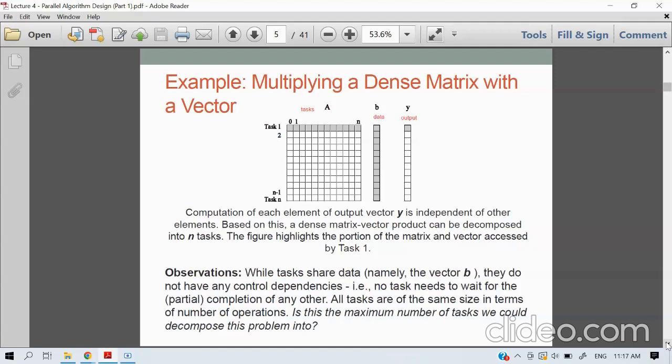Alright, so let's look at the example. This is an example of multiplying a dense matrix with a vector. A is the matrix, with tasks from task 1 until task n, B is our data, and Y is the output.